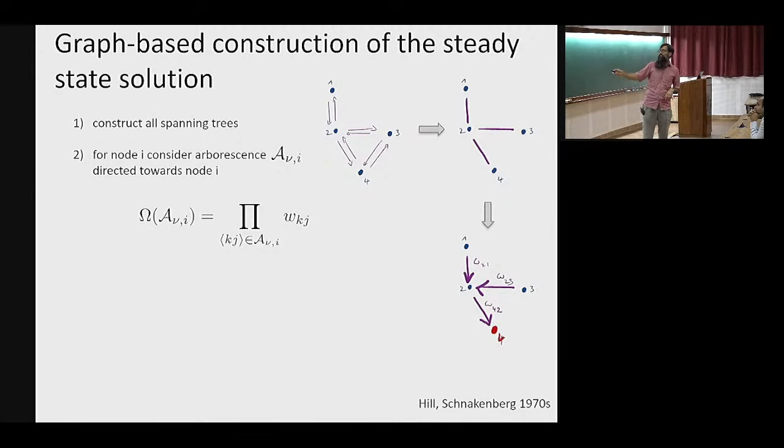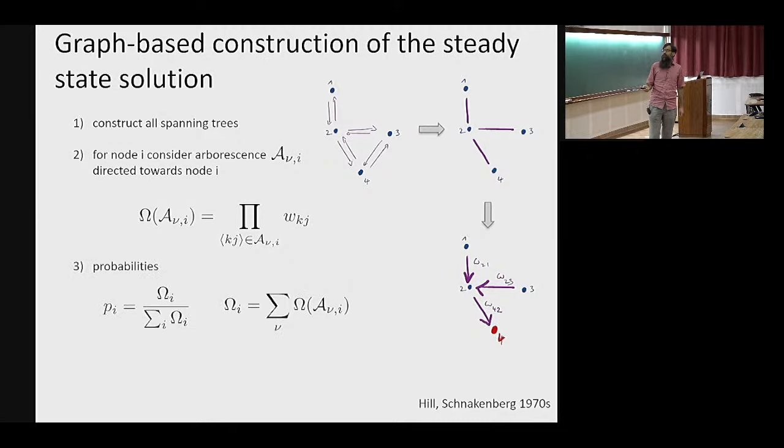Now, each of these directed edges corresponds to a rate. So each of these corresponds to a rate, and what I do is I just multiply these rates. So all the rates that are in this directed spanning tree, these get multiplied, and then I take all these and just sum them up.